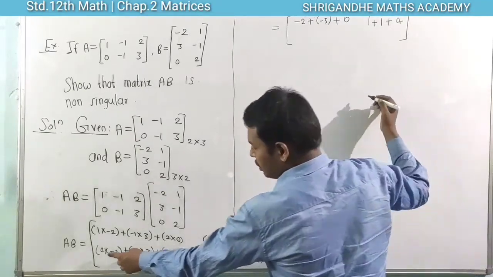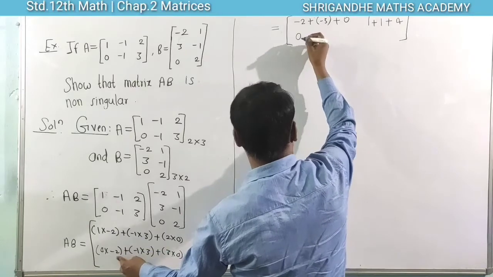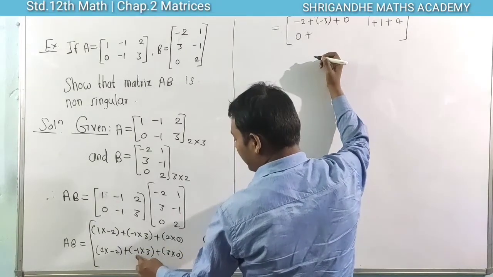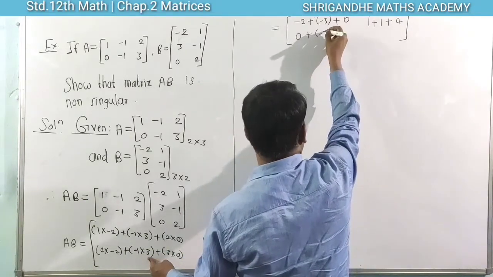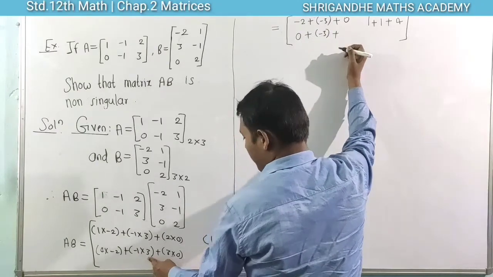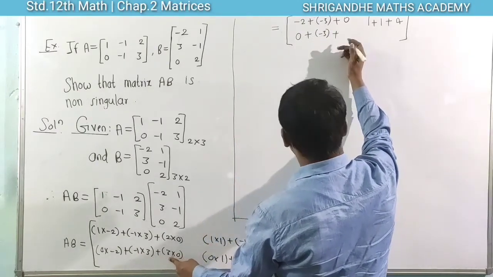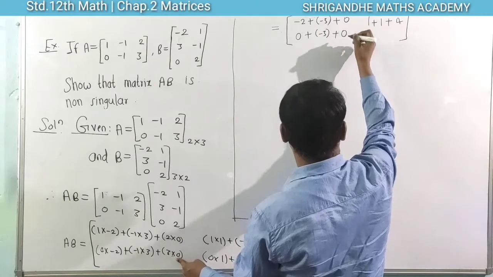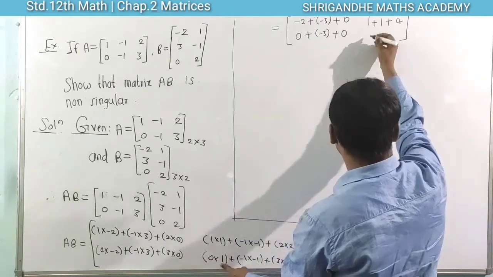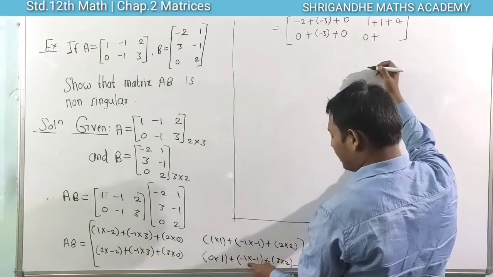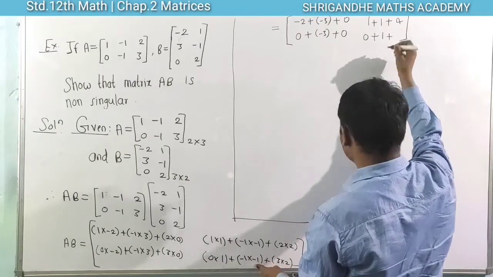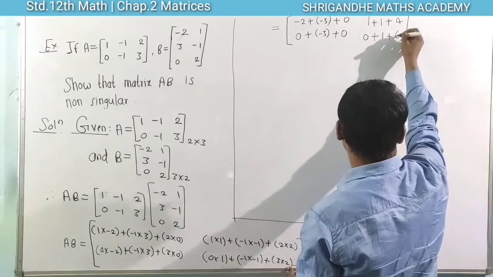Next, 0 into minus 2 is 0 plus minus 1 into 3 is minus 3 plus 3 into 0 equal to 0. Next 0 into 1 is 0 plus minus 1 into minus 1 equal to plus 1 plus 3 into 2 equal to 6.